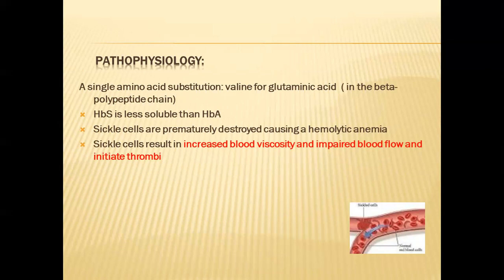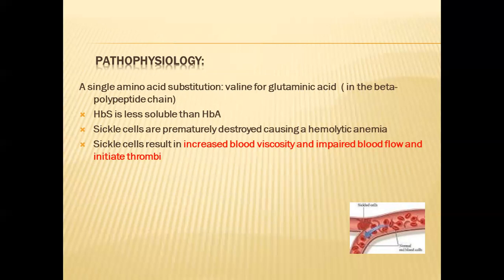Valine is replaced in place of glutamic acid in the beta polypeptide chain. So HbS is less soluble than HbA. Sickle cell hemoglobin is less soluble than hemoglobin A.